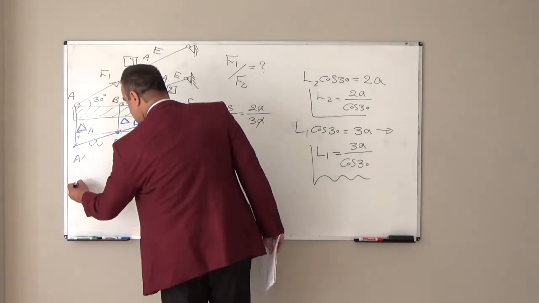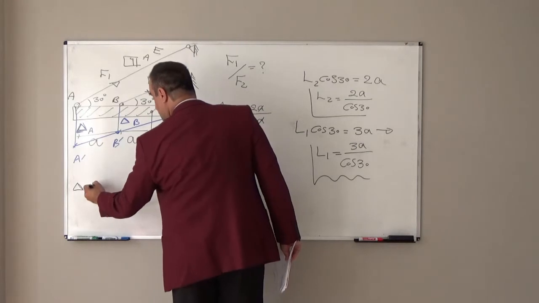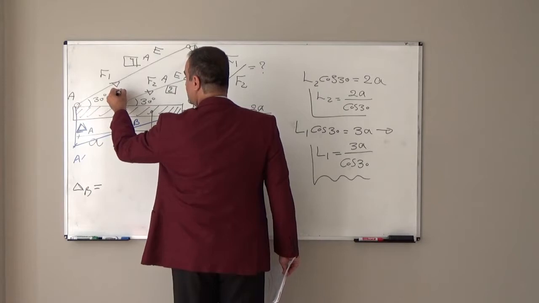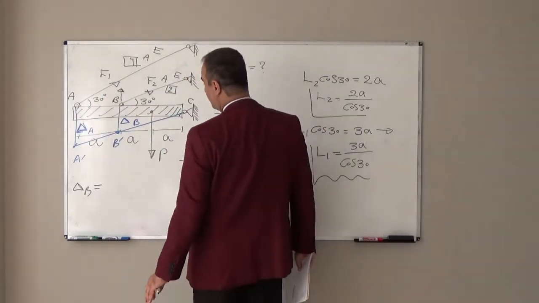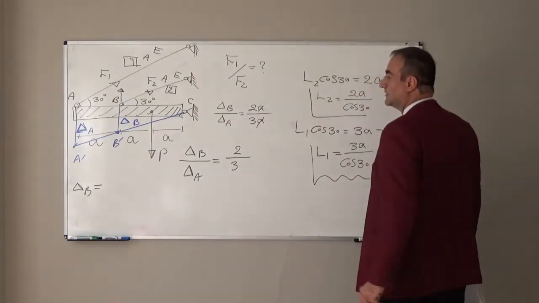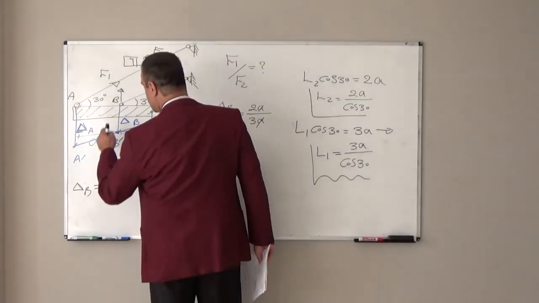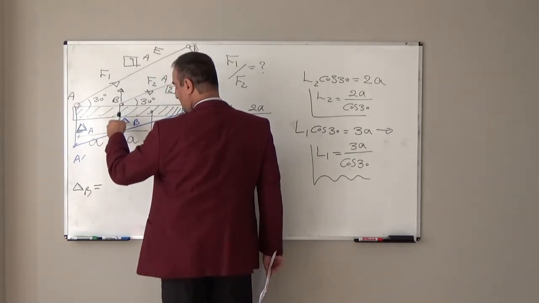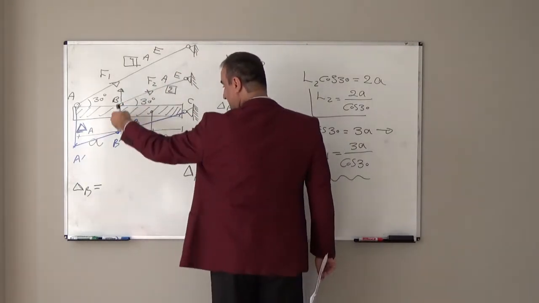Deformation at point B will be equal to the force we apply at point B divided by the stiffness of this member in vertical direction.